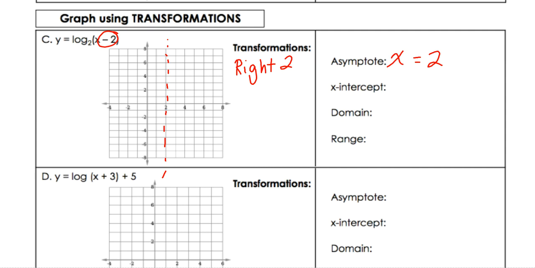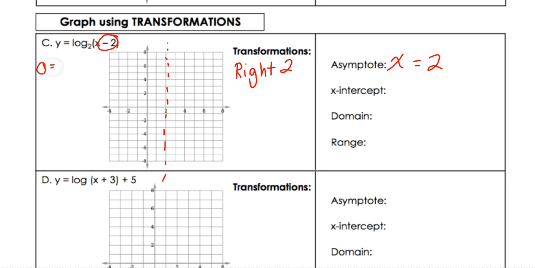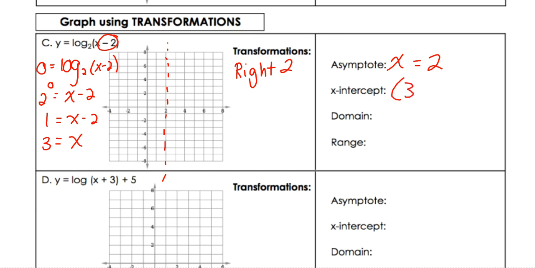And then, again, I can start to kind of figure out where my x-intercept is by plugging in 0 for y. So we have log base 2 of x minus 2. So that means that 2 to the 0 power has to equal x minus 2. Anything to 0 power is 1. And when I add that 2 to both sides, I get an x-intercept of 3. So there's my x-intercept.